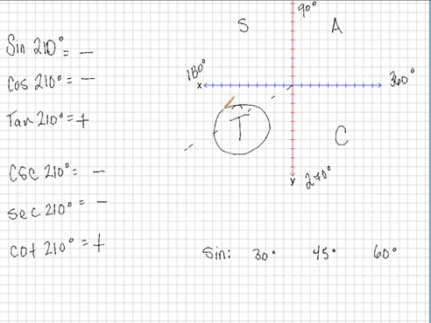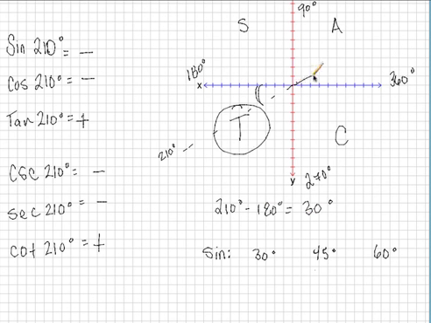I just want this value right here. So I'm going to take 210 degrees and subtract 180 degrees so that all I'm left with is this angle right here. So 210 degrees minus 180 degrees is equal to 30 degrees. That is my reference angle.